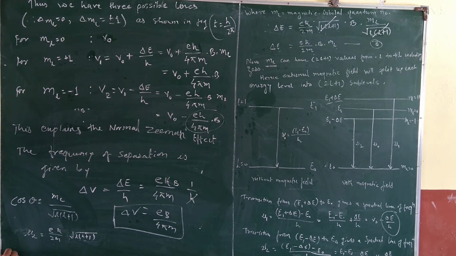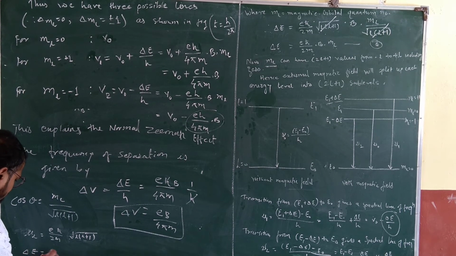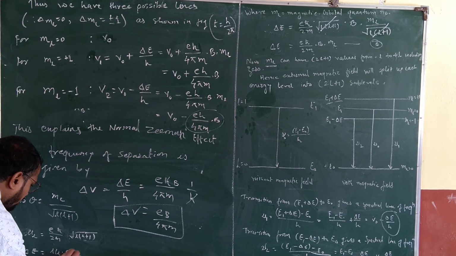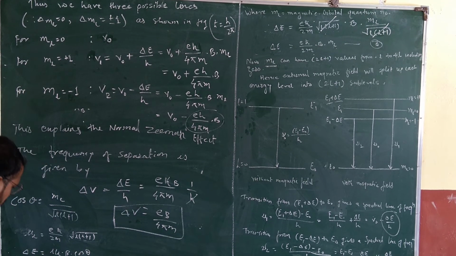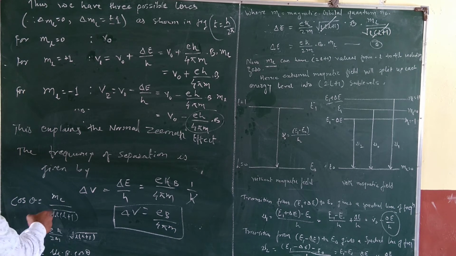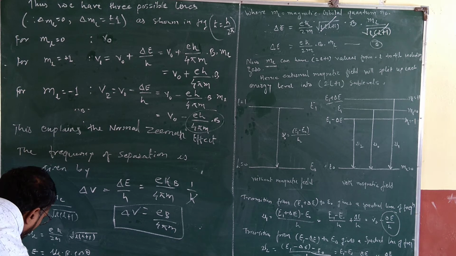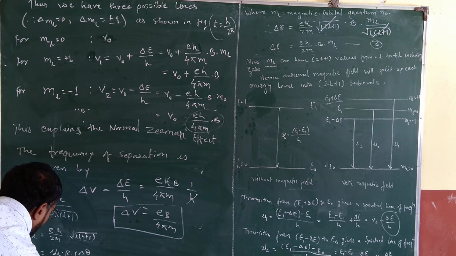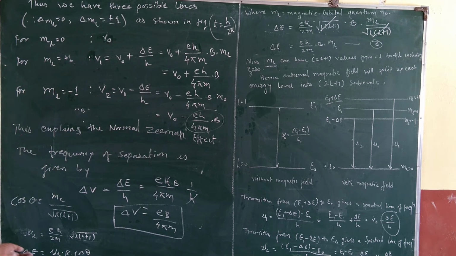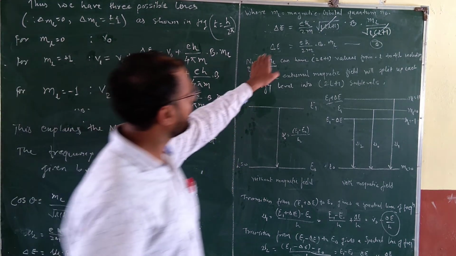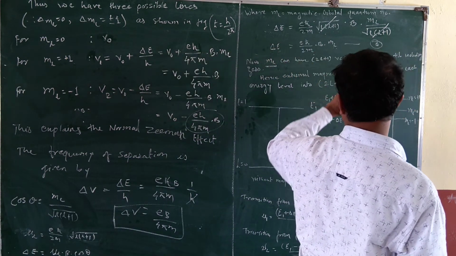And therefore the increased energy del E is mu L into B cos theta. So putting this value, under root of l(l+1) cancels out, and we get e h cross upon twice m into B into m l. So this is the value of del E, the increased kinetic energy.